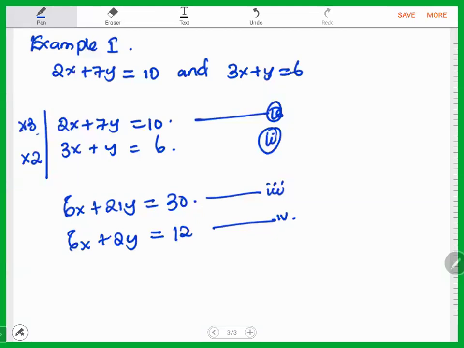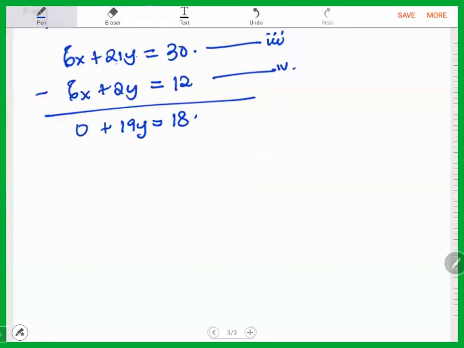So what I'm going to do, I'll just draw a line here. 6 minus 6, I get a 0. Plus 21y minus 2y gives me 19y. 30 minus 12 gives me 18.